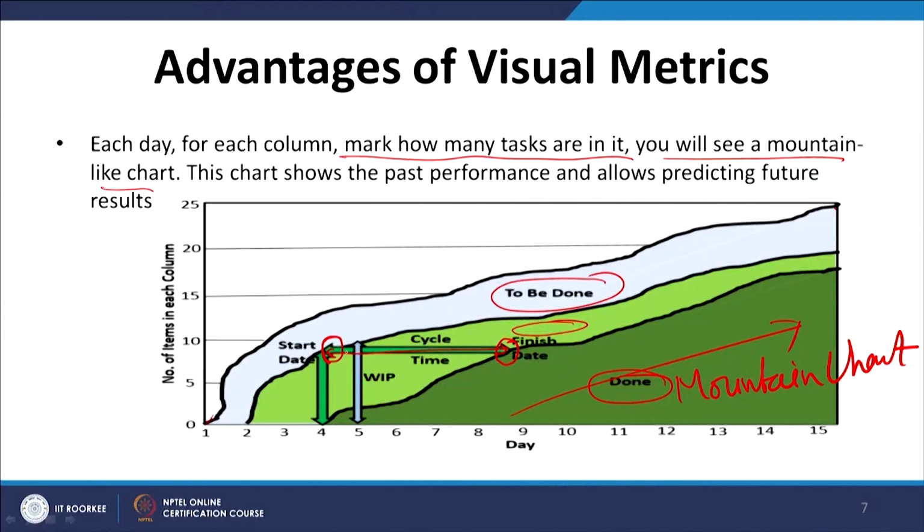It is starting on the 4th day, and finishing on almost the 9th day. So, 5 days it is taking, and how can we reduce this 5-day time? Over a period of time it becomes a tool of improvement also. So, that is the benefit of visual metrics in this particular case.